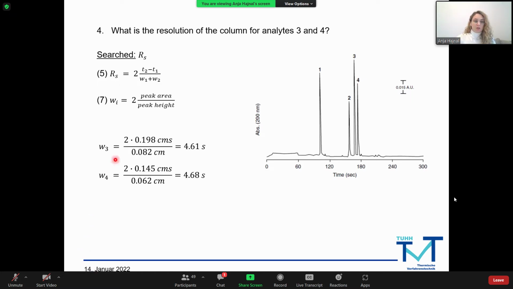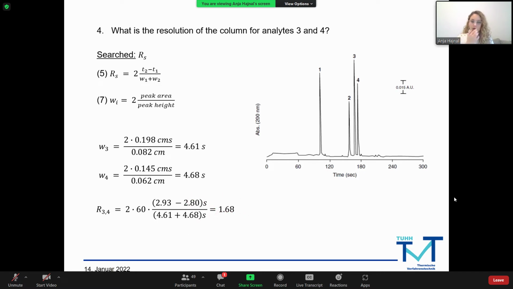All right, so for the peak widths, of course, here we have time, so we also express it in time. You should have obtained 4.61 seconds for the width of peak 3, and 4.68 seconds for the width of peak 4. And if we put this together to calculate the resolution, you should obtain 1.68.